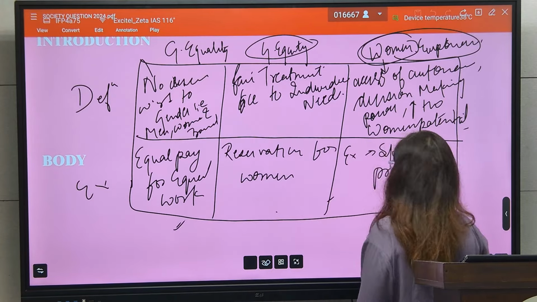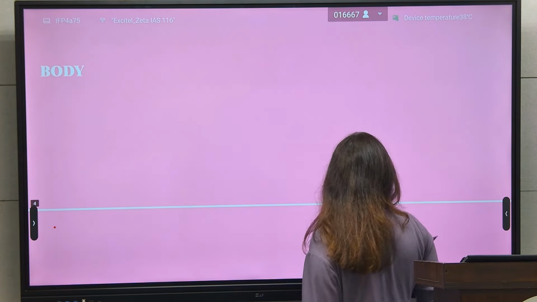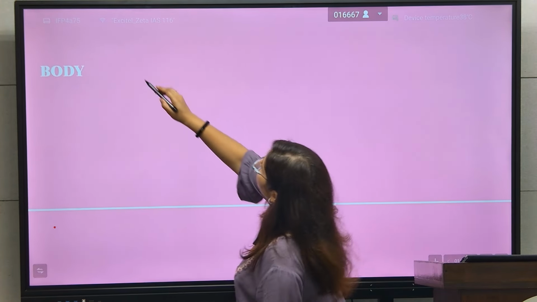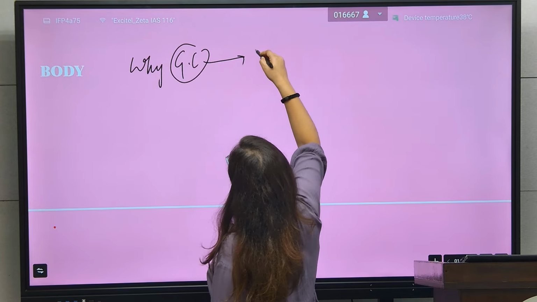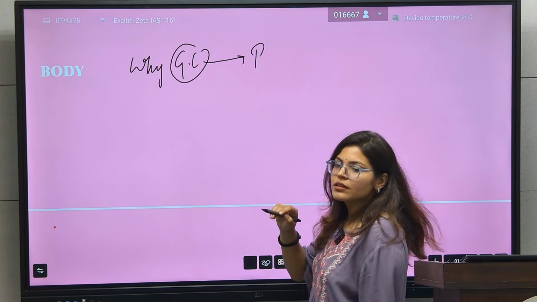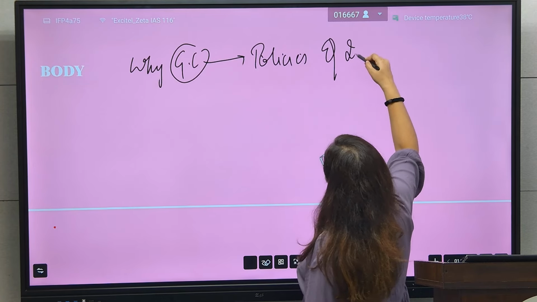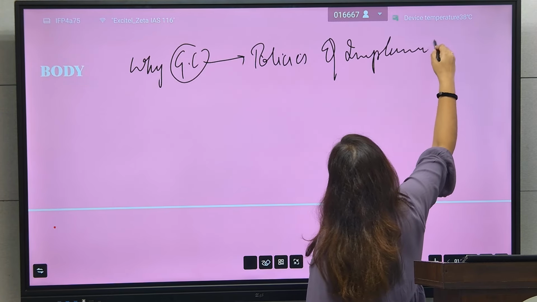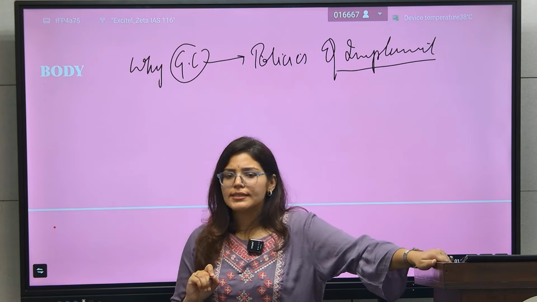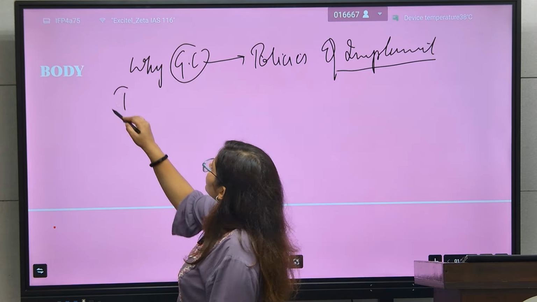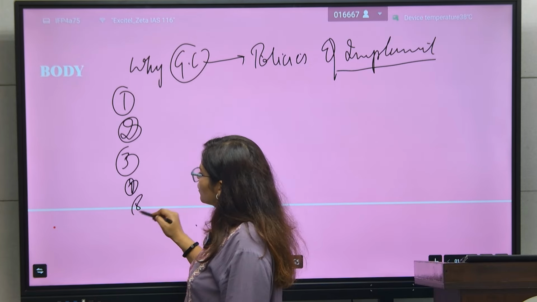Then the next part is why gender concerns are taken into account while making policy and their implementation. So why is it important to take gender concerns into account? Think in points. Here you have to write 4 to 5 points.